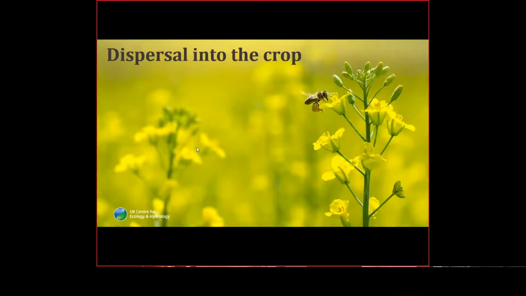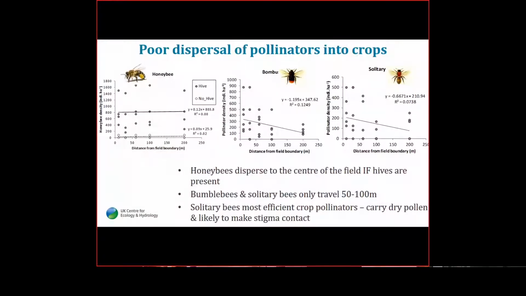So the other issue, once you've got the habitat right, the other challenge, if you recall the challenges that I mentioned at the beginning, is how do we get these species from the crop edge into the center of the crop? So we know sowing flowers, providing habitat, increases the functional diversity. And we know from Ben's work, again on pollinators, that honeybees are actually quite good.